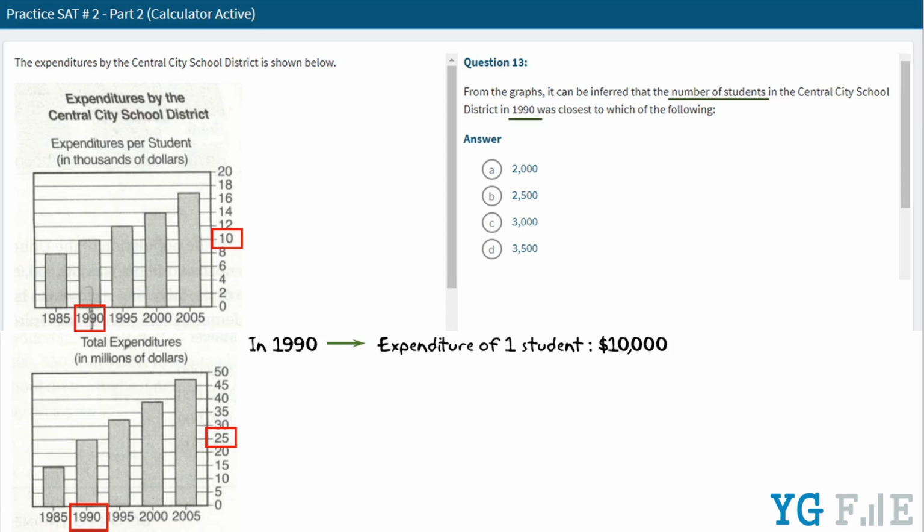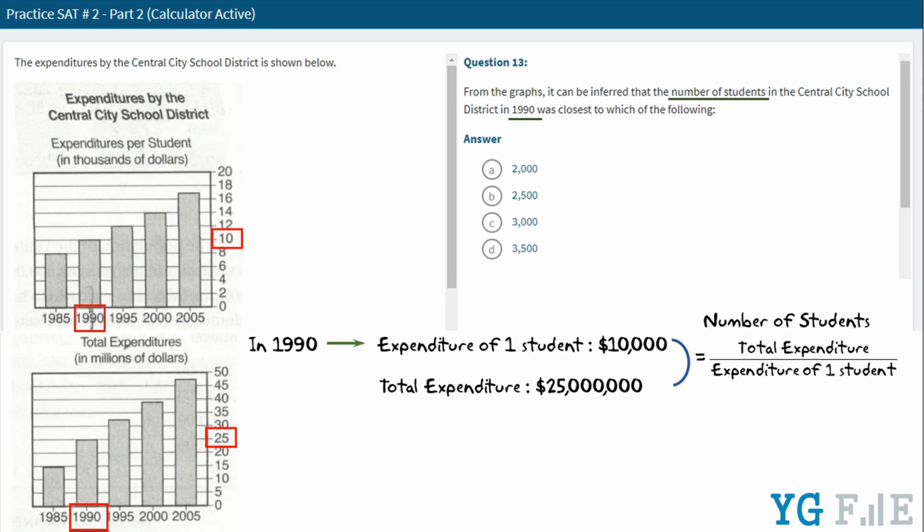The number of students, therefore, can be calculated as the total expenditure divided by the expenditure of one student. So we substitute the values: $25 million divided by $10,000, which is equal to 2,500. So the number of students in 1990 is 2,500, which is B.